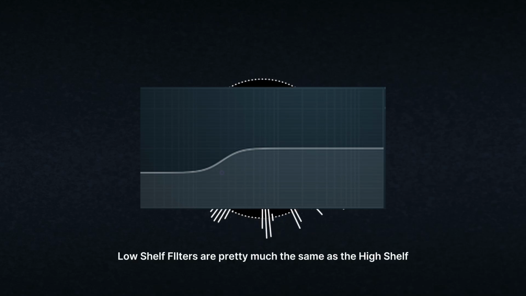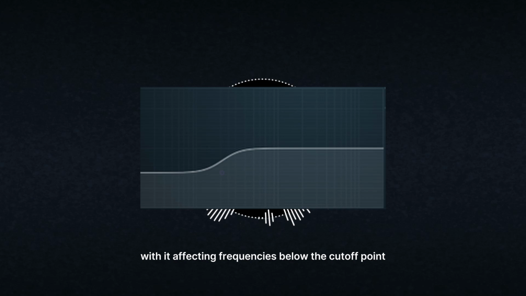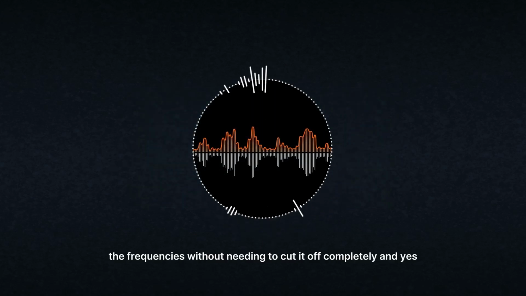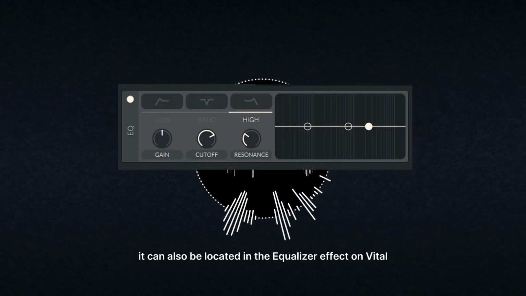Low shelf filters are pretty much the same as a high shelf, affecting frequencies below the cutoff point. You can of course lower the frequencies without needing to cut them off completely, and yes, it can also be located in the equalizer effect on Vital.